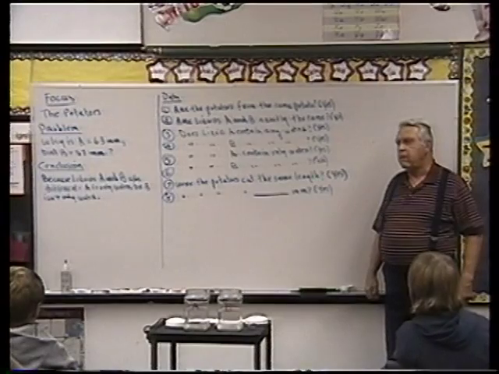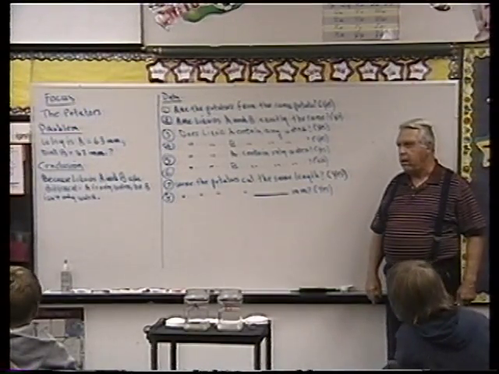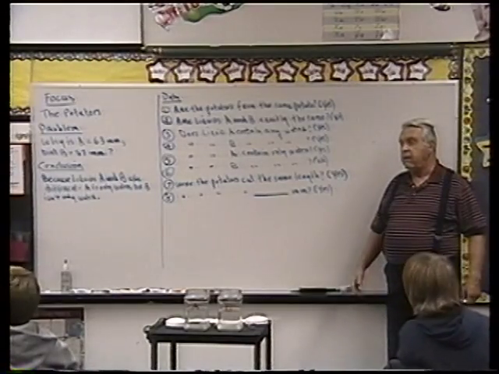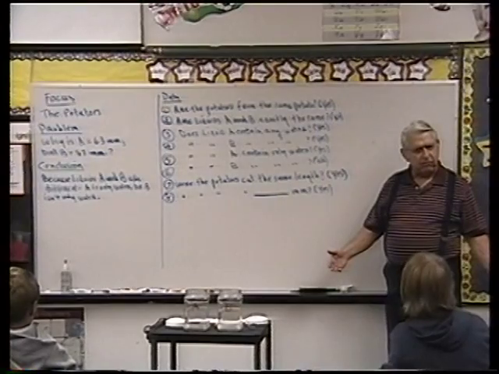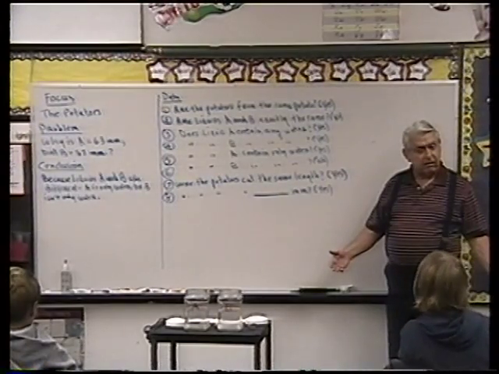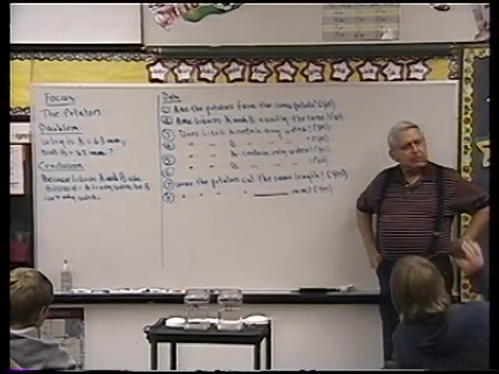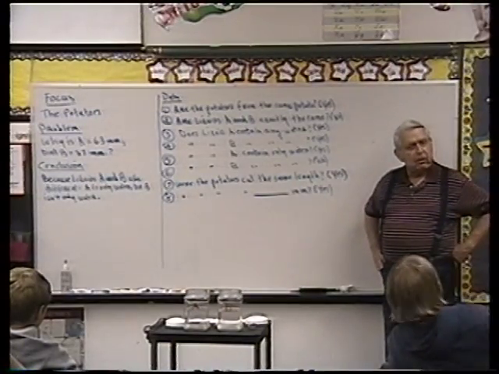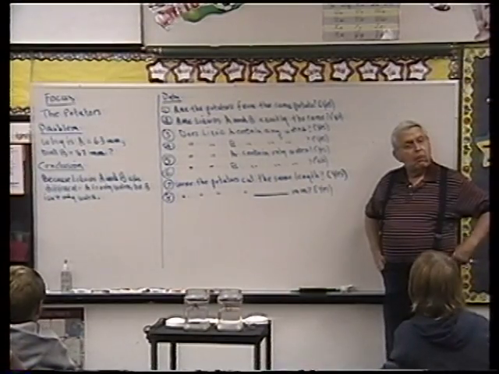Emily. 63. Why is 63 logical, Emily? Because A is 63 now, so maybe they were both 63 and B shrank. Okay, that's one possibility. Who knows another possibility? What's another one, Jonathan? They could be 57.